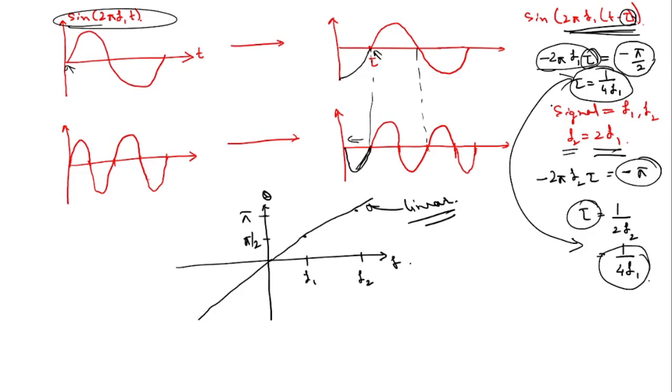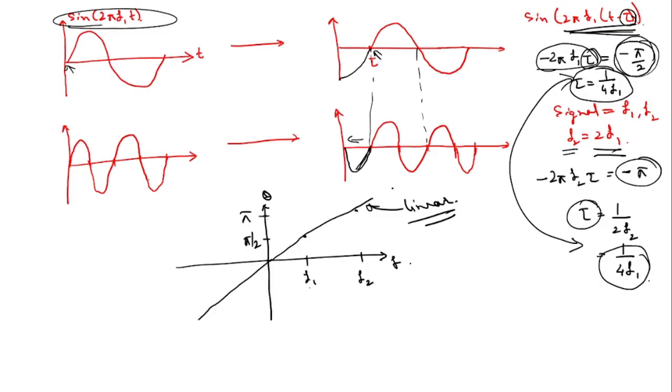Calculate this too. So for f1, if we take the modulus, the phase is pi by 2. For f2, we have pi, right? So if there is no delay, it will be 0.